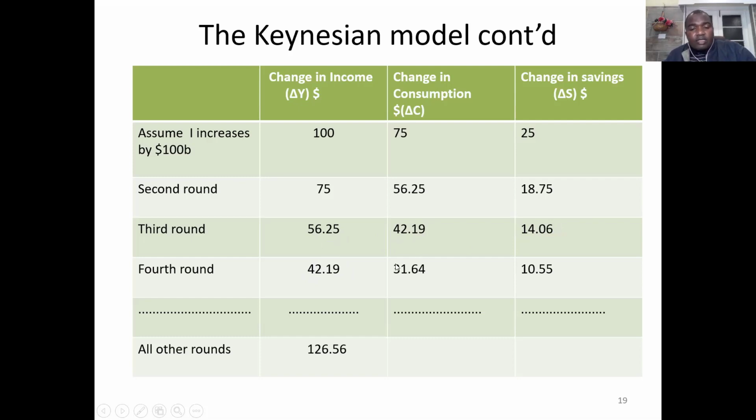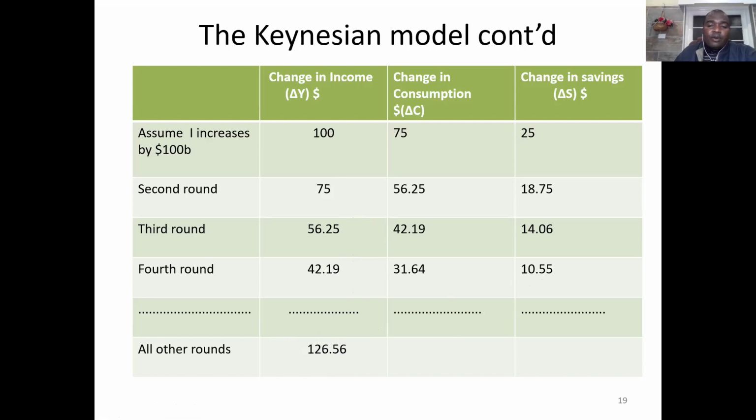Its 3/4 is 31.64, whilst the 1/4 of 42.19 is 10.55. And then the process continues to infinity, but as we can see, what is contributed to the next round decreases. And all other rounds actually contribute 126.56 in terms of the change in national income.